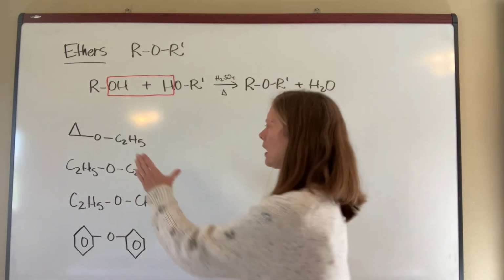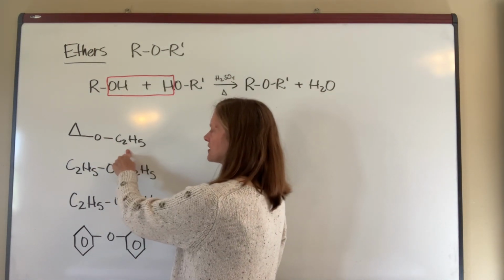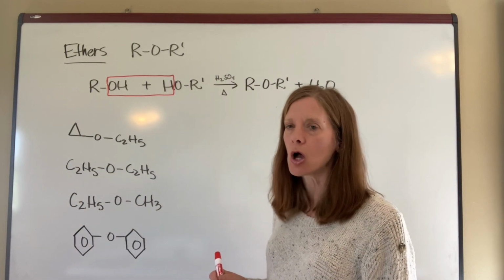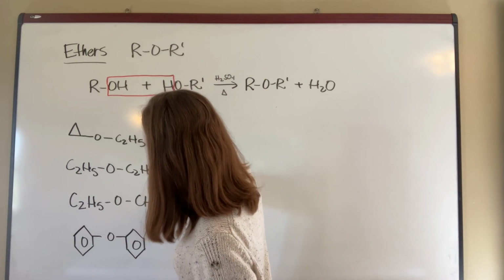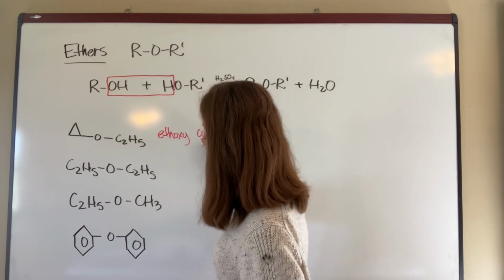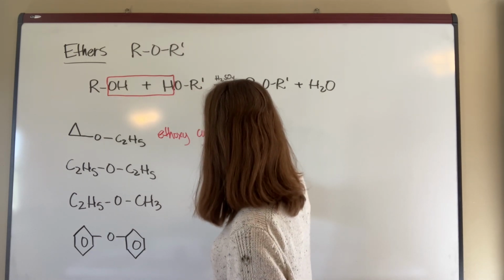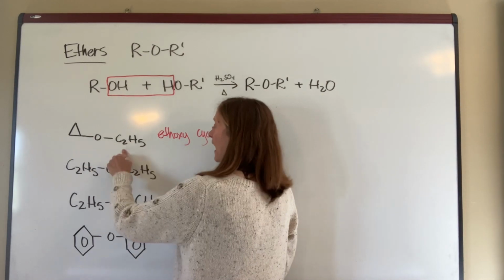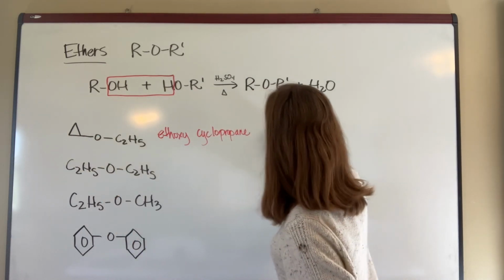Okay, so this group here, here's my oxygen bridge. I have an ethyl group on one side and a cyclopropyl group on the other side. So I could name this as ethoxy cyclopropane is one way to name it, whereas this, I'm calling this the oxy part, ethoxy cyclopropane.